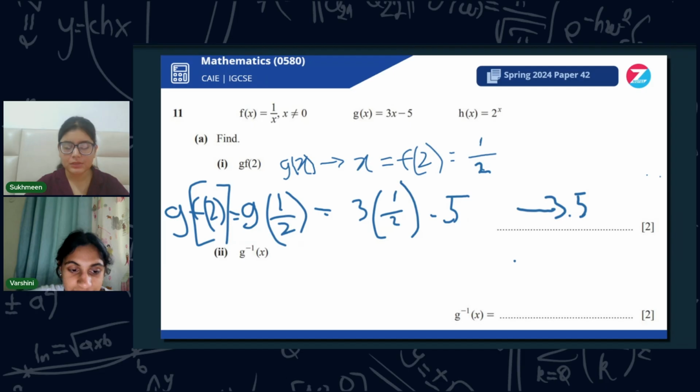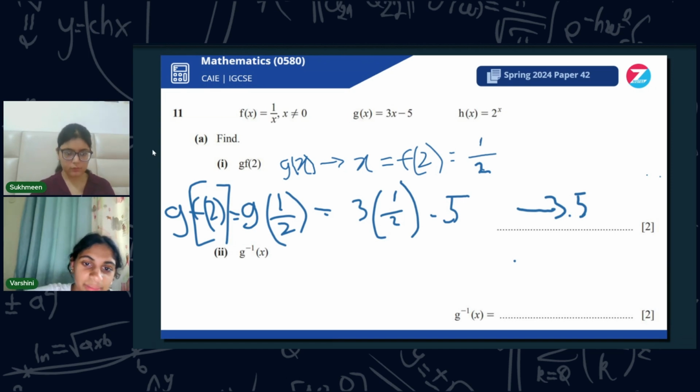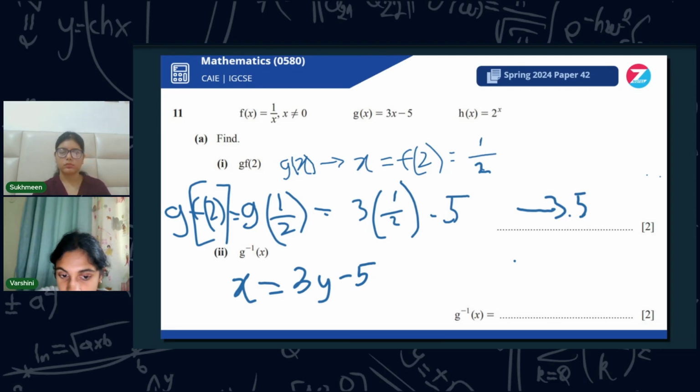Part 2, g inverse of x. They want us to find the inverse of g of x. We're going to write g of x as x equals, and we're going to write x as y. So 3y minus 5. Now all we have to do is make y the subject of the formula.